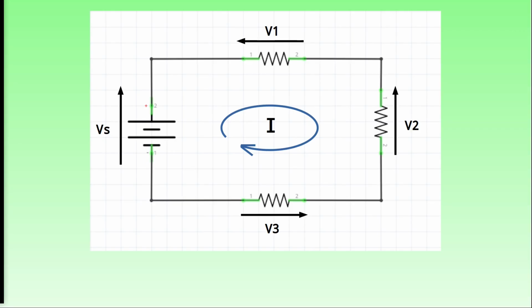And so KVL says Vs minus V1 minus V2 minus V3 equals 0. Rearranging this equation shows us that the source voltage is exactly equal to the sum of the voltage drops, or Vs equals V1 plus V2 plus V3.